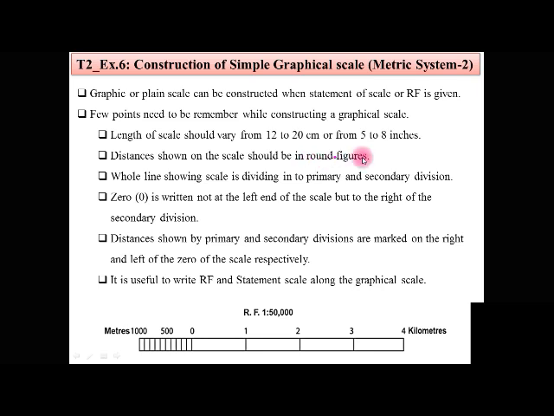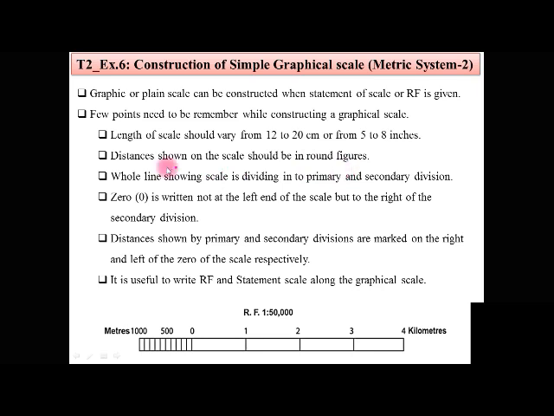Others, if you are working in the British system of measurement, the ideal length of graphical scale is 5 to 8 inches. So accordingly, values will help us to decide the length of graphical scale.